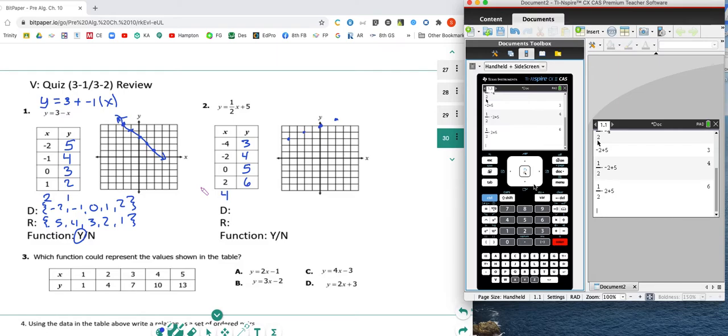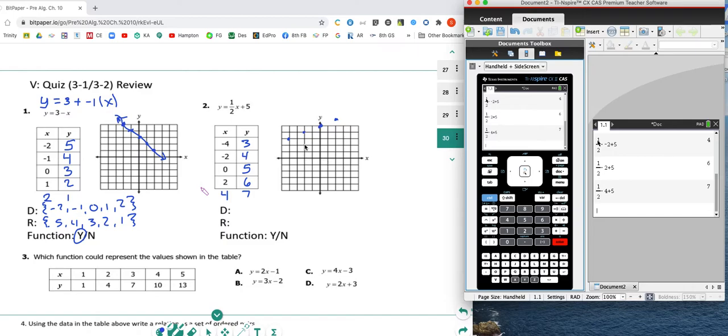And then control divide, 1/2, arrow out, times 4 plus 5 is going to give me 7. All right, so we're going to come over here and we're going to go to -4. 1, 2, 3 gives me my first point.